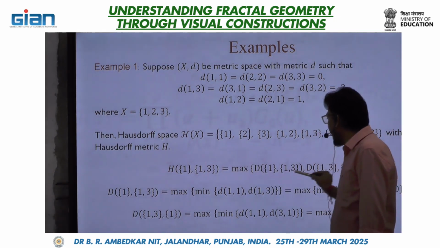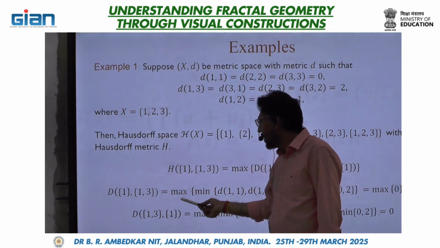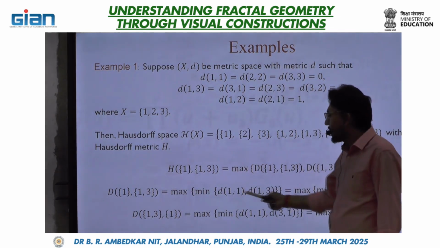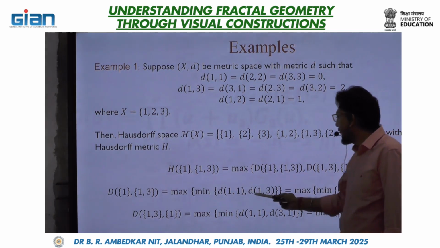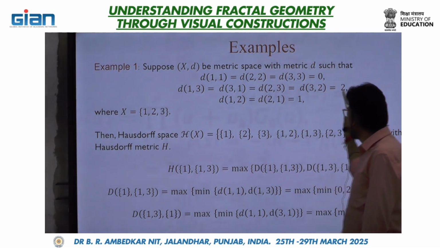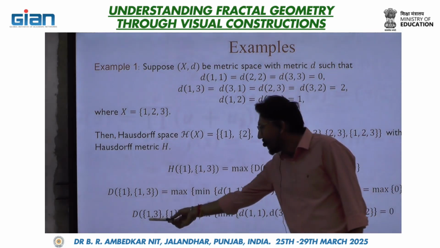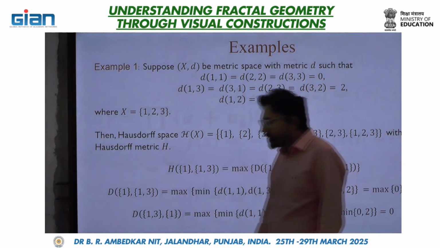Now you find D of 1 comma 3. Then D of 1 comma 3 will be maximum of the minimum, D of 1 1 and D of 1 comma 3. Okay, but D of 1 1, same point to same point, will be 0, and D of 1 comma 3 you defined somewhere as 2. Then minimum of 0 comma 2 is 0. Then you are getting 0. In the same way you find D of 1 comma 3 1, and you will get the answer as 0.